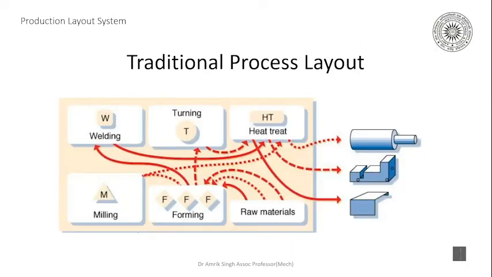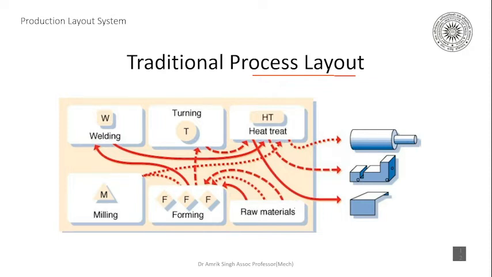Now, the second type of layout is the process layout. It is a traditional process layout where the machines are arranged in groups. Welding is there, turning is there, heat treatment is there, raw material is there, forming section is there, milling section is there.